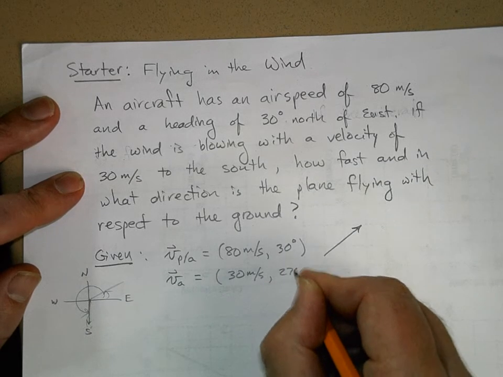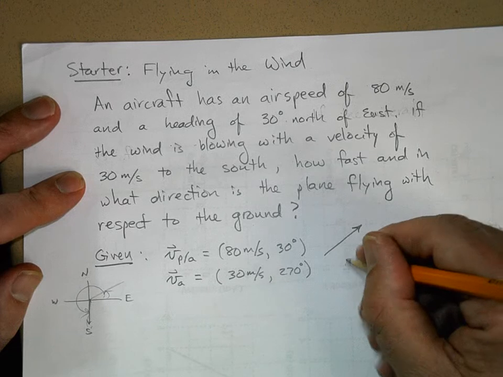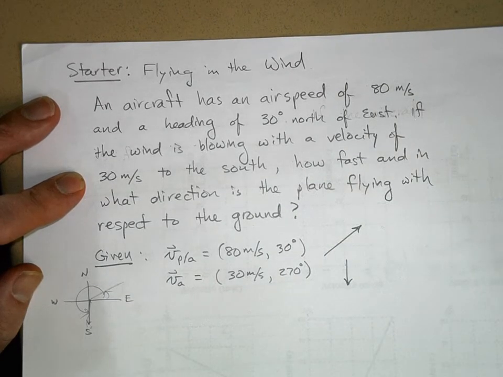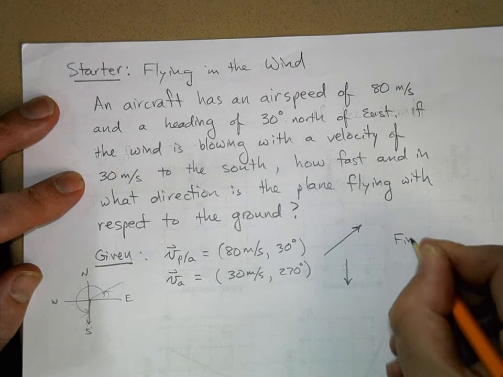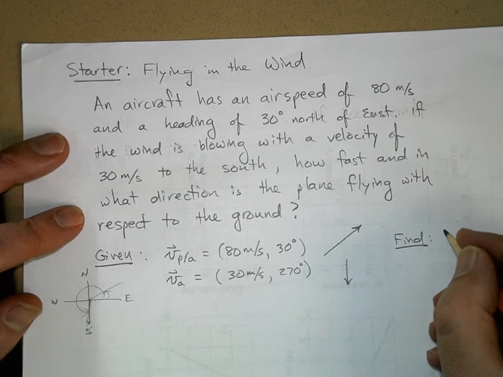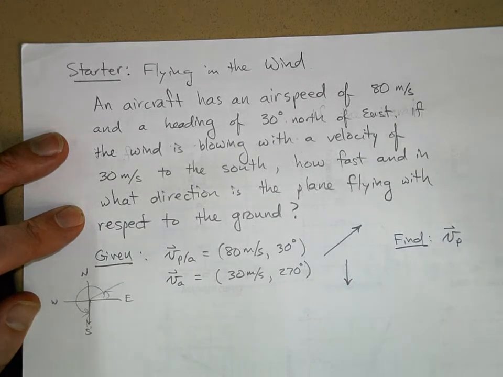I'll go ahead and call it 270. So that means it's going down like this. And what are we trying to find? We're trying to find the velocity of the plane compared to the ground.